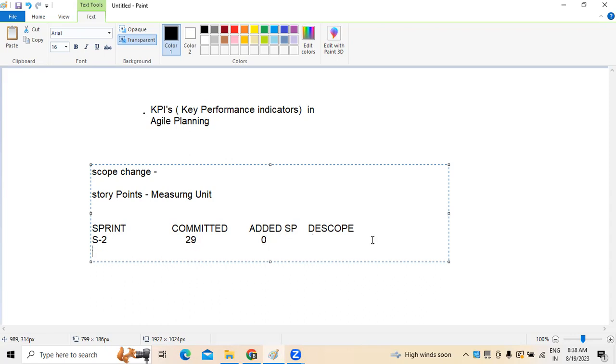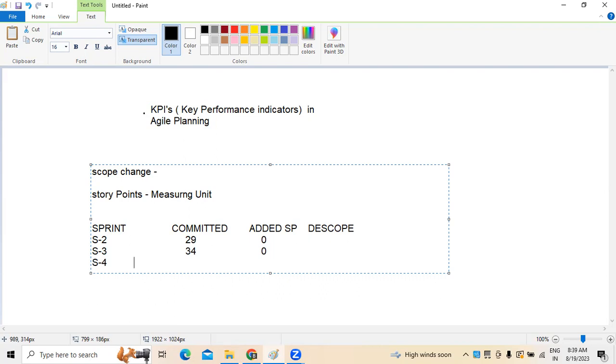Now, when it comes to sprint 3, we have 34 story points, and there were no additional story points added.